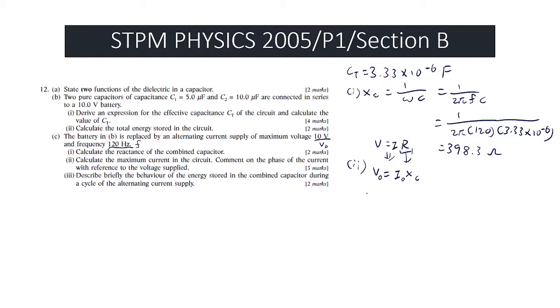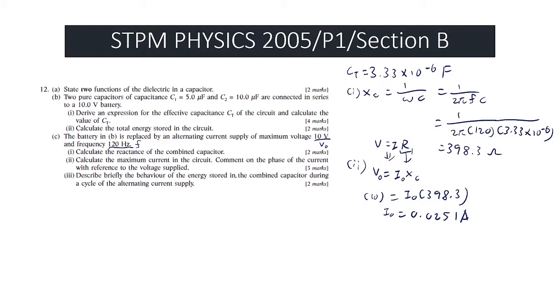So we have 10 volt, and we have I naught, and XC, this is 398.3, this is I naught. So we get 0.0251 ampere.